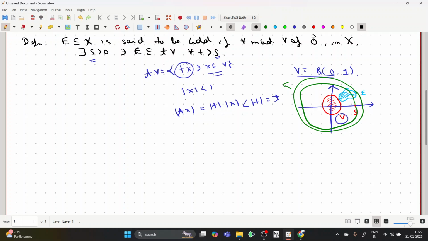Because if E is contained inside a ball of a certain radius around the origin, then if I keep increasing the radius, I'll get a bigger and bigger ball, and E will still be inside it. This may be a very lame way of thinking, but it is appropriate to remember the definition of being bounded, and it's very simple to observe. Okay, clear?